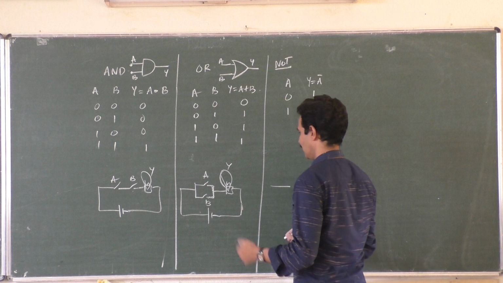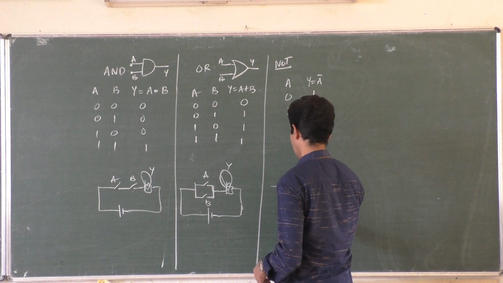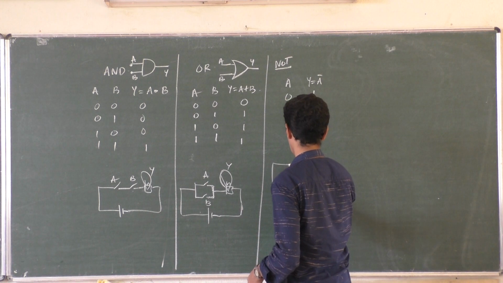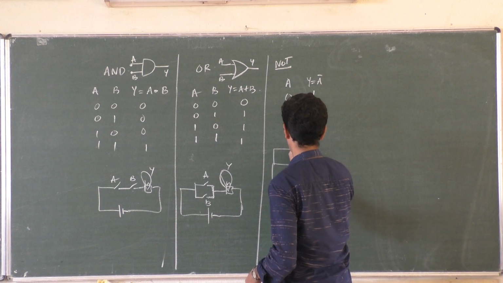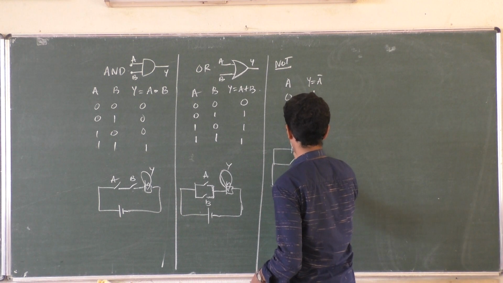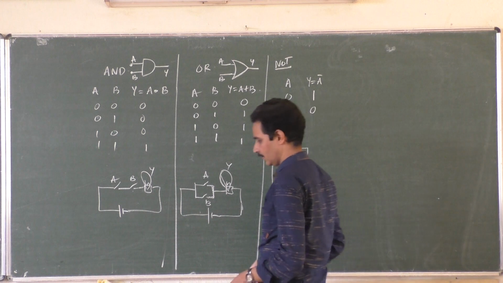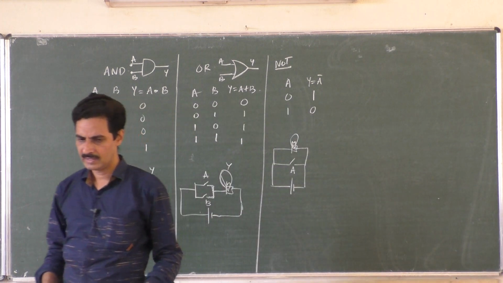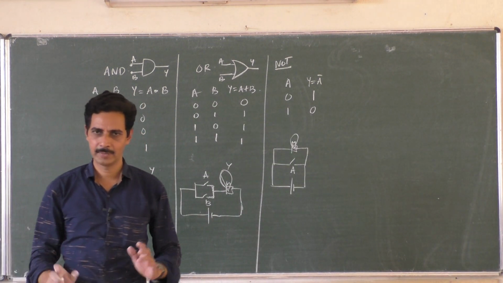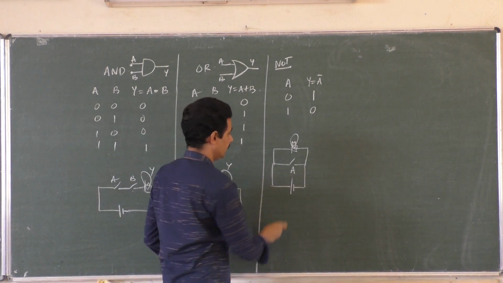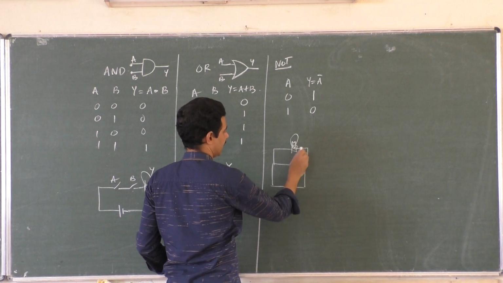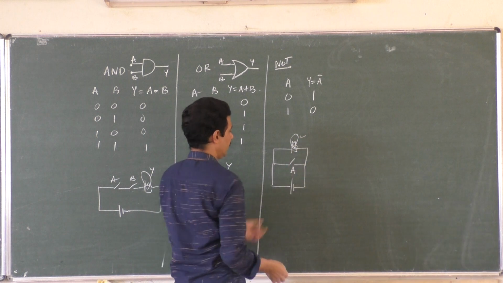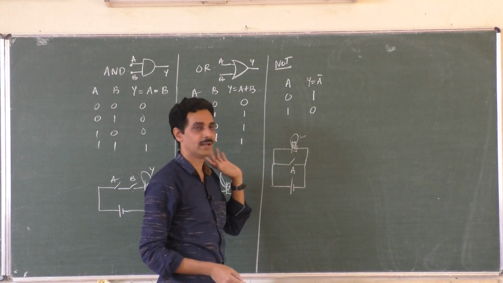Let me realize it with a wrong circuit. A battery and a switch and a bulb. Now, suppose you switch it on, the battery is shorted, a large amount of current flows through the switch and the bulb goes dim. If it is off, of course no path there, then current flows to the bulb, it is on. When switch is off, bulb is on.